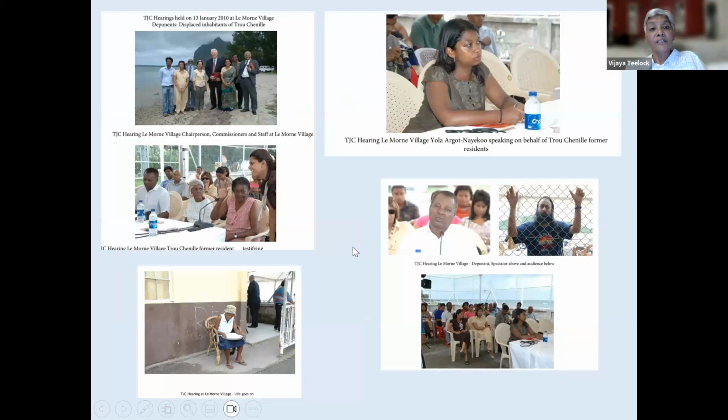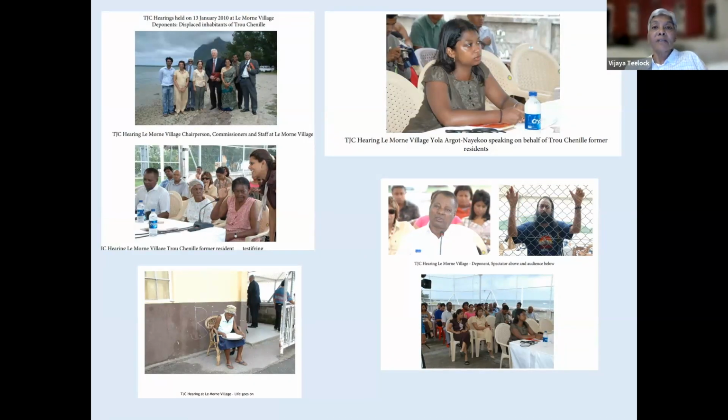It is called Trouchani, and this goes to show the continuity of some aspects of slavery in our modern day Mauritius. So the villagers whom you see here belong to a village called Trouchani, and in the 1940s and again in the 1960s, they were forcibly evacuated from their village.